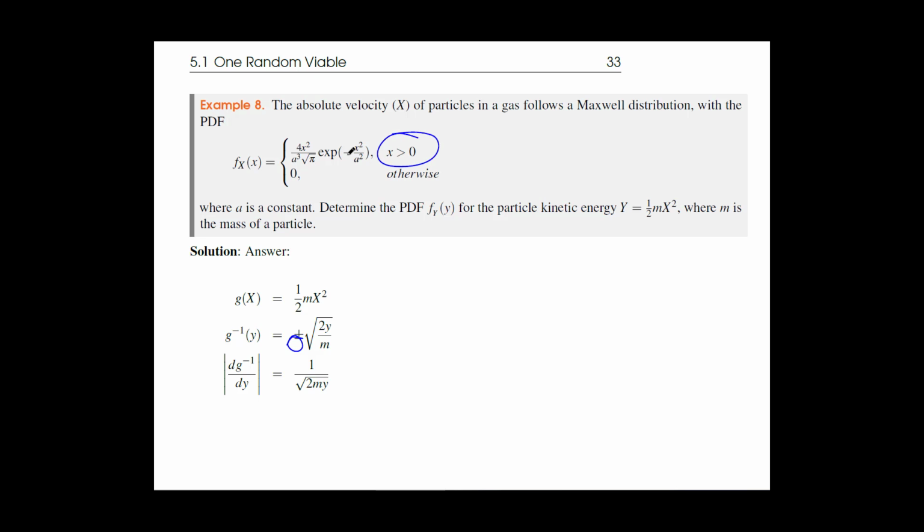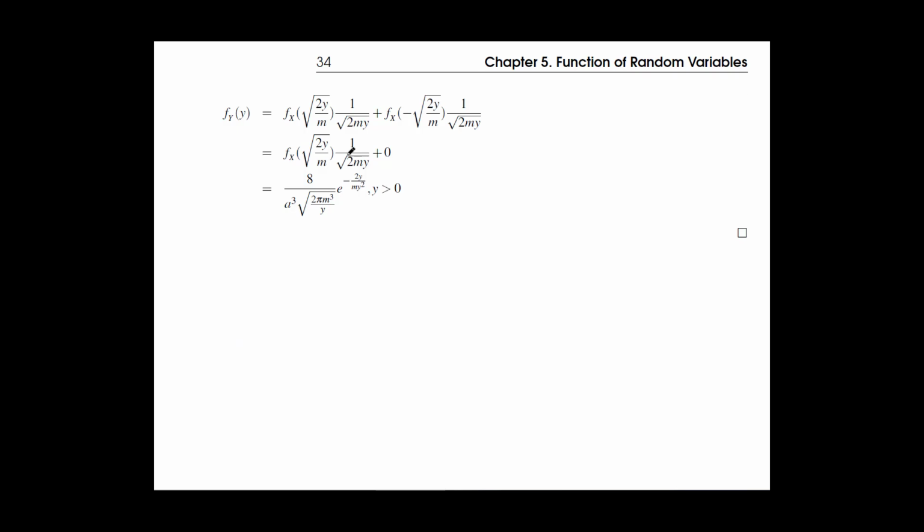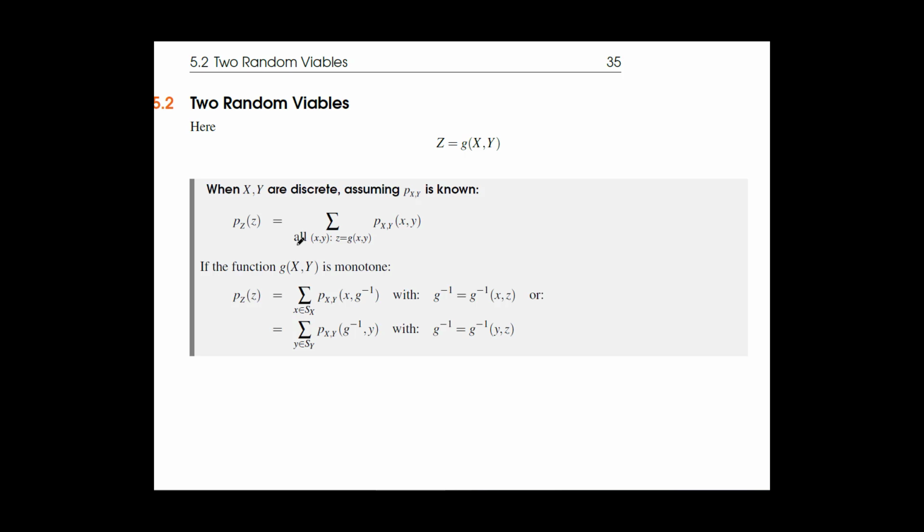So you're going to consider only one root in this case because the other is not in the sample space. That one is negative, so it contributes 0. So you end up with one root.